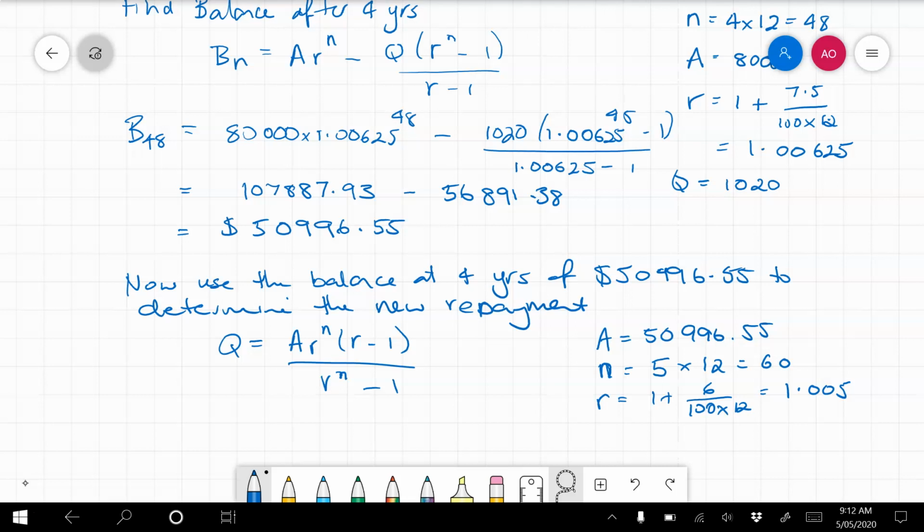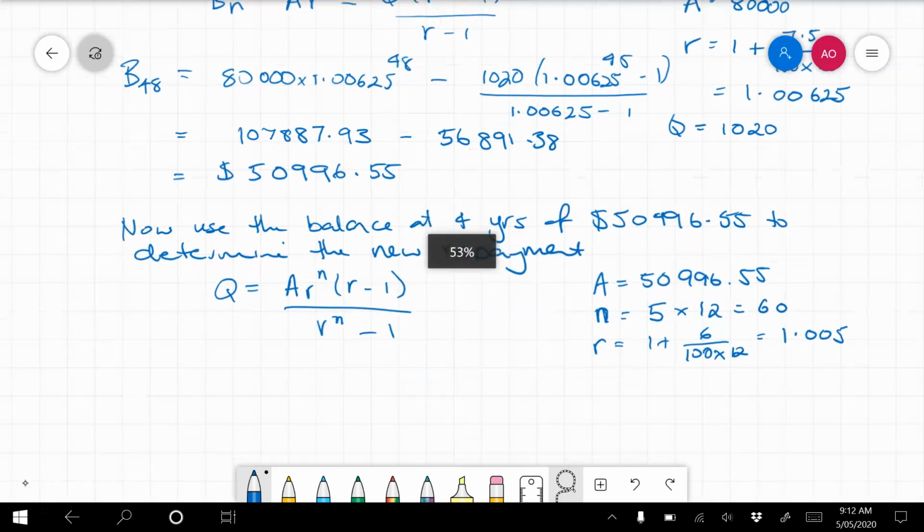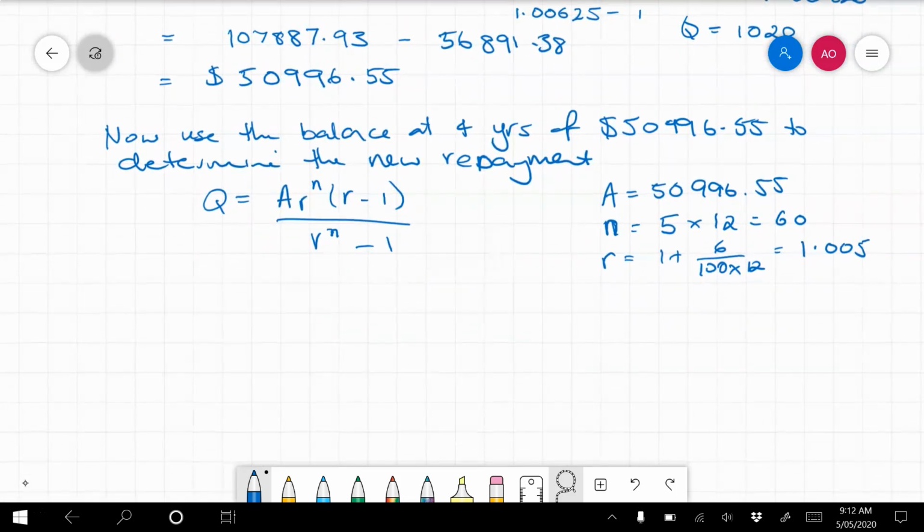Have I got everything I need? A, N, and R, yep. I'm going to solve for Q, the new repayment.